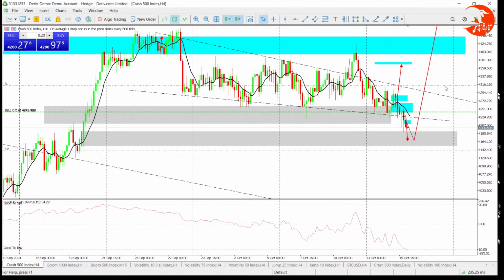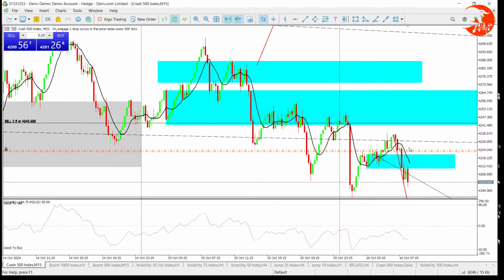I can easily now grab my SLs into profit. Just grab them into profits, and we can actually put them just there, above that order block, above that M15 order block.